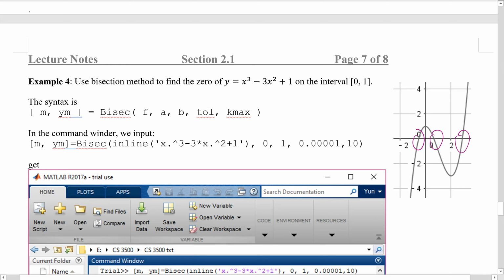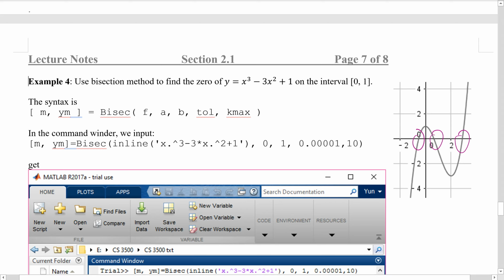Well, the syntax is brackets m, ym, brackets, equals capital B, bisect, the bisection method. Parentheses: f is our function, a is the left endpoint of the interval, b is the right endpoint of the interval. Tolerance is how small you want your answer, the y value, to be.